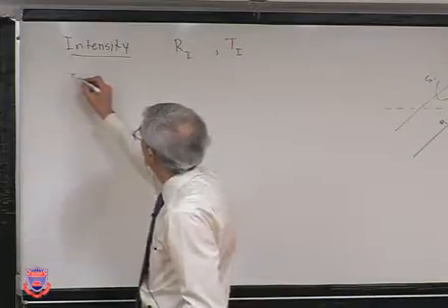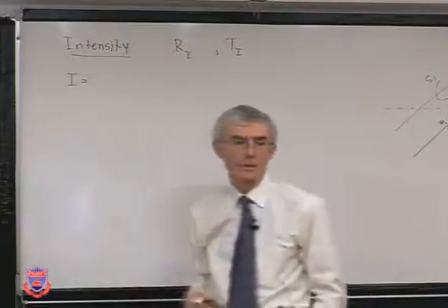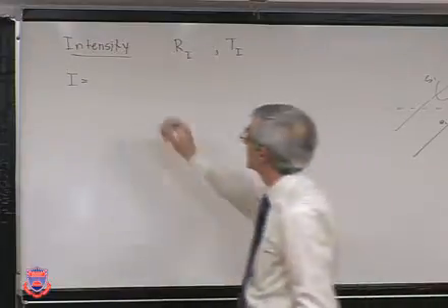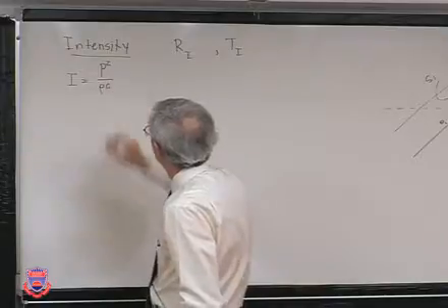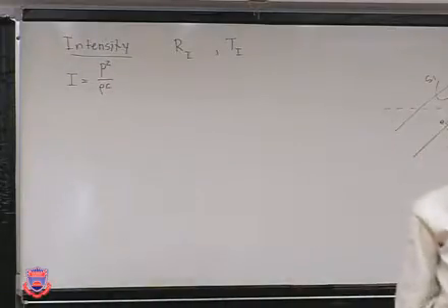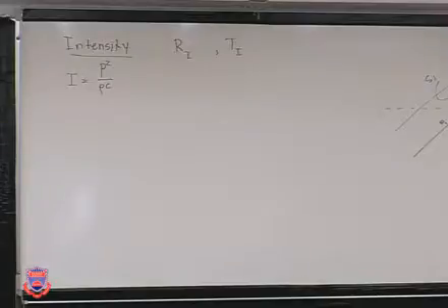Remember, in the last unit, we described intensity for a plane wave in terms of sound pressure squared divided by rho and C.